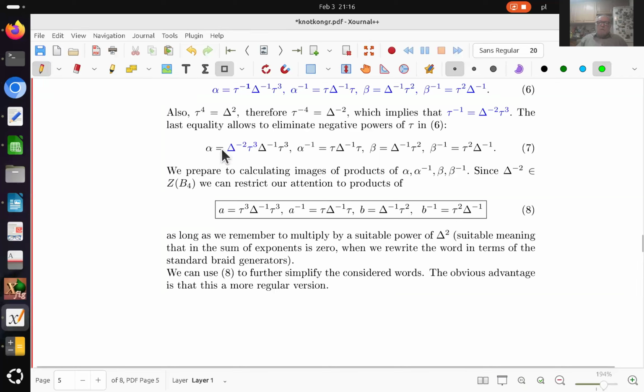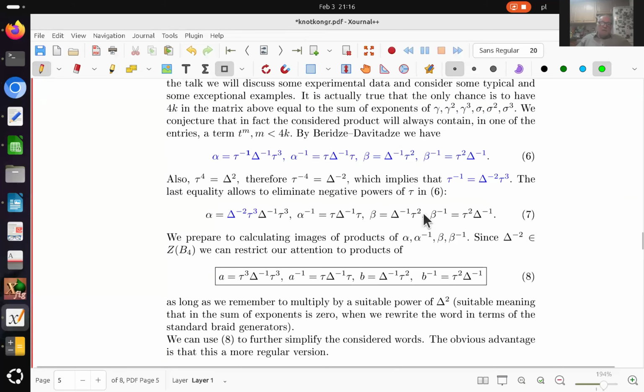So we could replace alpha, alpha inverse, beta, and beta inverse with these matrices. And if you look at, oh no, just 2 lines above, you can replace it with that. And here, something that you could consider a disadvantage is that tau appears in certain powers, one of which has negative exponent.